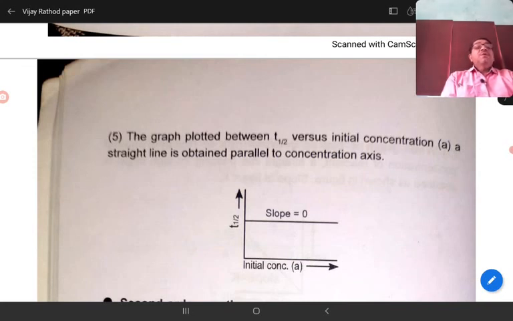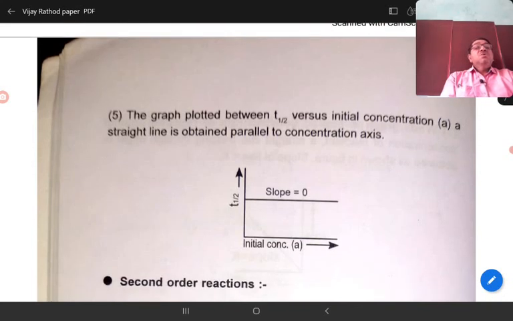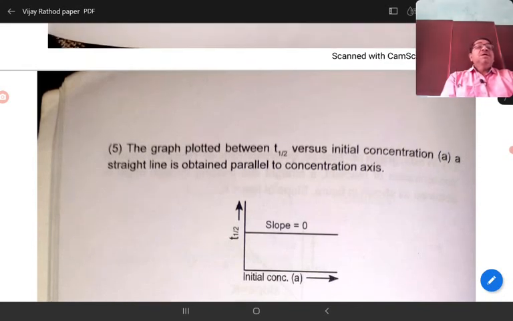The graph plotted between t half versus initial concentration is a straight line, but here the nature is different, that is the straight line is parallel to the concentration axis. So this much is about the first order reaction constant, and the characteristics of first order reaction with graphical representations of the different types of graphs.